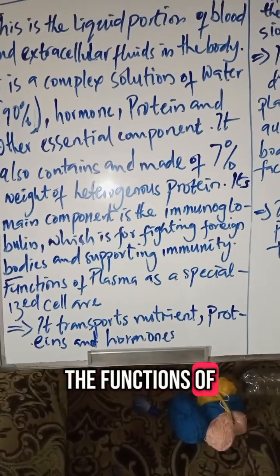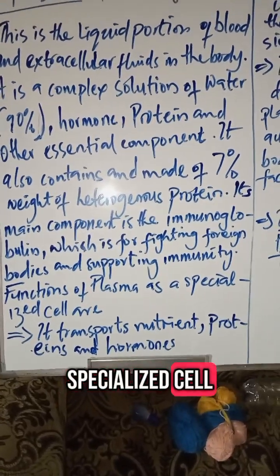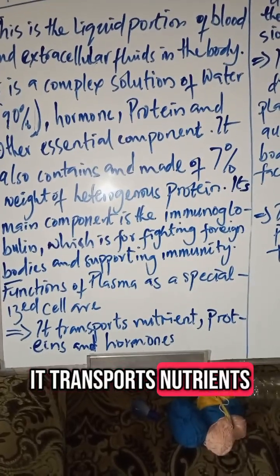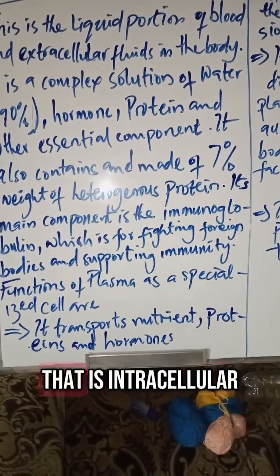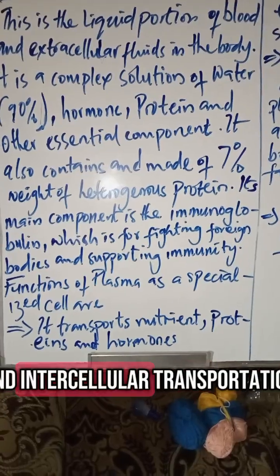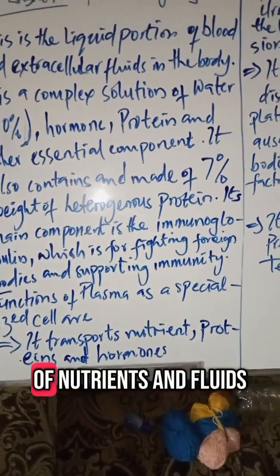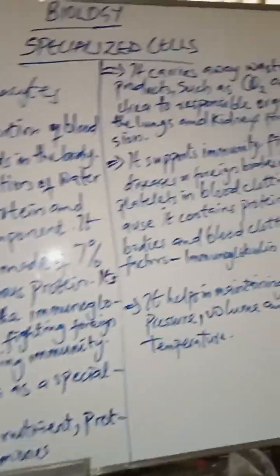Then, what are the functions of this plasma that make it a specialized cell? First, it transports nutrients and hormones from inside the cell to outside the cell. That is intracellular and intercellular transportation of nutrients and fluids.